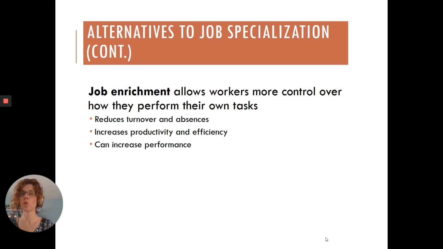Giving people more authority, enriching their jobs, reduces turnover and absenteeism, increases productivity and efficiency, remember, performance. Oh, yeah, and it reiterates that, again, can increase performance. So efficiency and effectiveness, because people basically feel like they're being treated as an adult, as someone who is respected and needed for their brains in addition to their brawn.